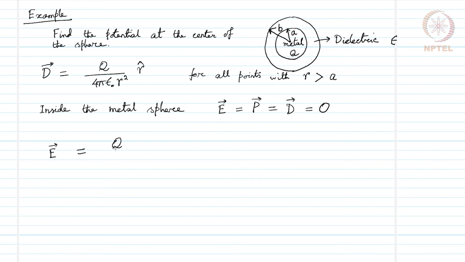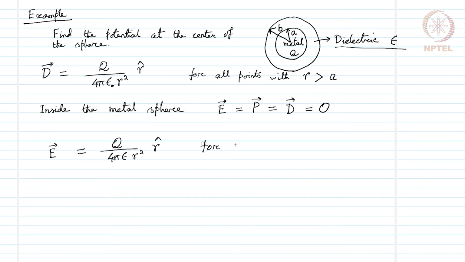Electric field would be q over 4 pi epsilon naught r squared r cap, sorry, this is outside. In between A and B, we will have epsilon, not epsilon naught, where epsilon is the permittivity of this dielectric material.